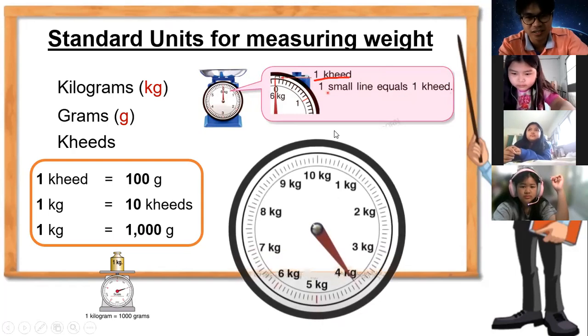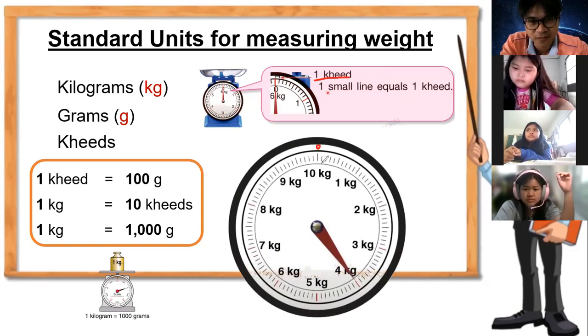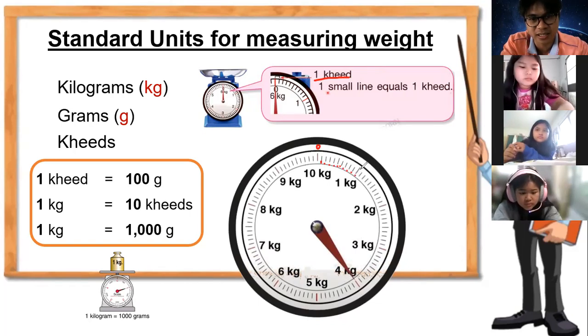You can see here, this one is a little bit bigger compared to the other one. This one is 0 here. So every line is equivalent to 1 kid. 1, 2, 3, 4, 5, 6, 7, 8, 9, 10.